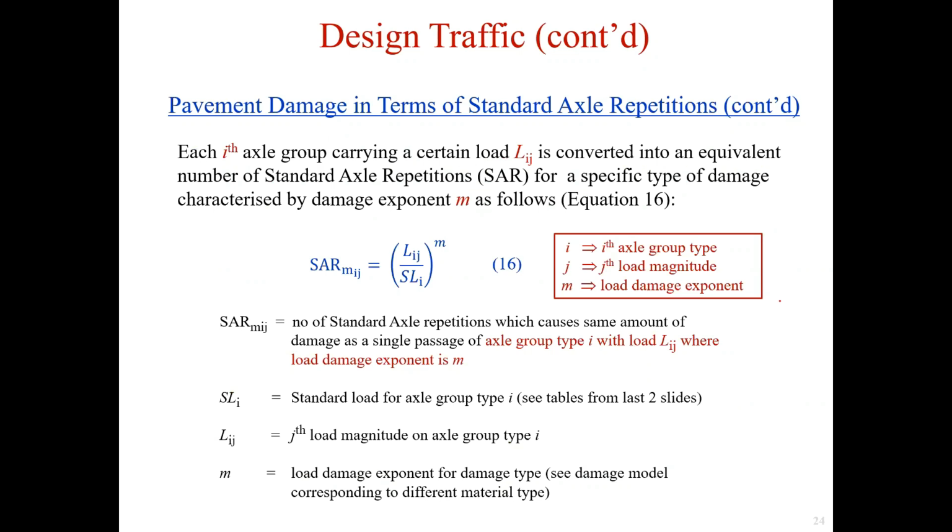In this equation, SAR Mij is the number of standard axle repetitions which causes the same amount of damage as a single passage of axle group i with load Lij, where the load damage exponent is M. As Li is the standard load for axle group i, we can refer to the values in the previous two tables. The Lij is the j-th load magnitude for axle group type i, and M is the load damage exponent for different damage types.